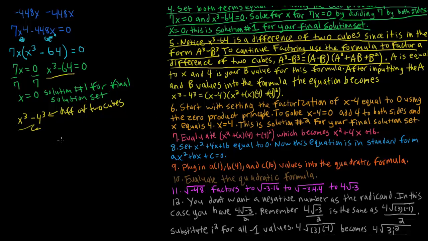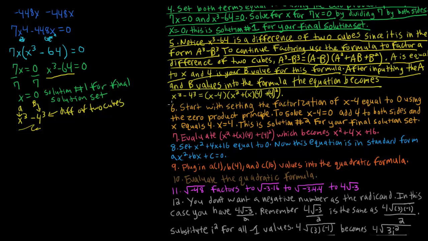So we want to use this formula right here. And in this case, a is equal to x, and 4 is your b value for this formula. And then we just have to go ahead and input the a and b values into the formula.